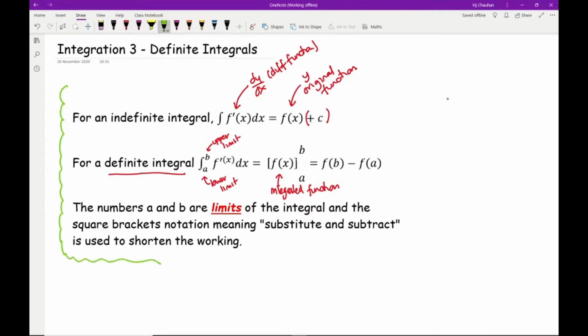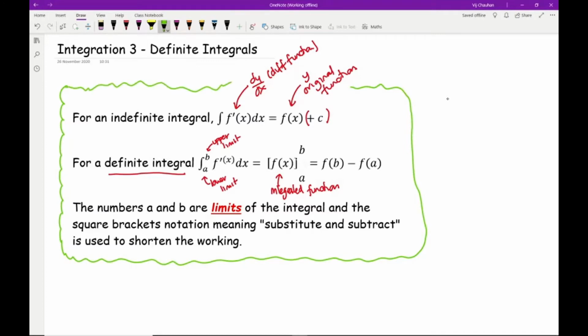Now, if that makes absolutely no sense to you at all, do not worry, because when we go through some examples, and we will go through a range of different functions, hopefully it will make sense as to what we need to do. Now, the general sense of this relates to my next video, integration 4, where we'll be looking at using integration to find the area under a curve within some given limits of x ordinates.